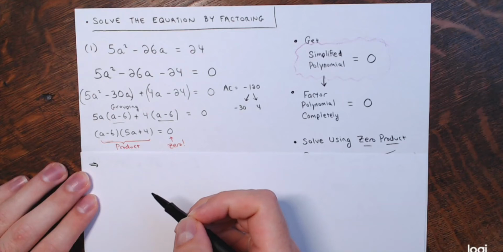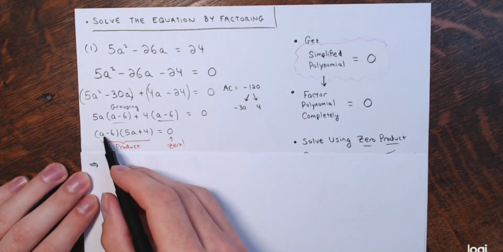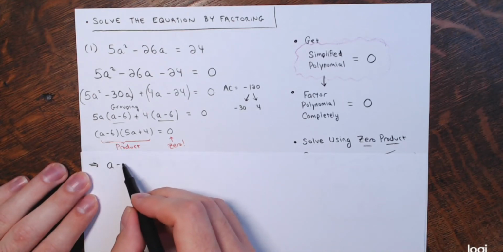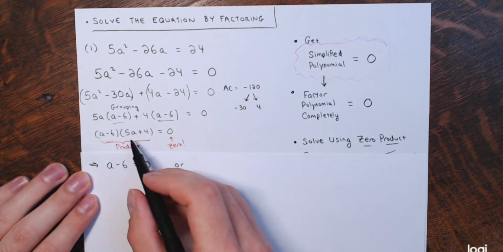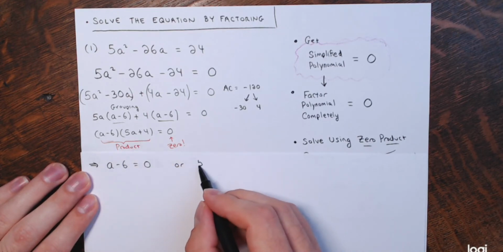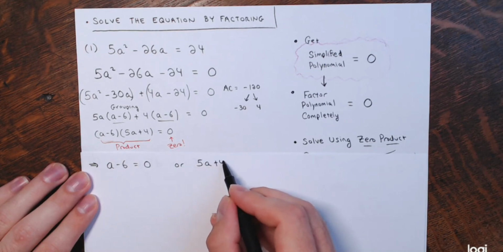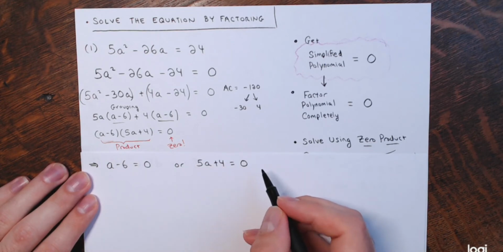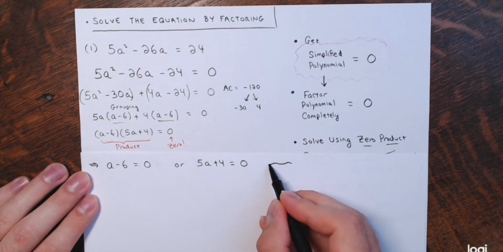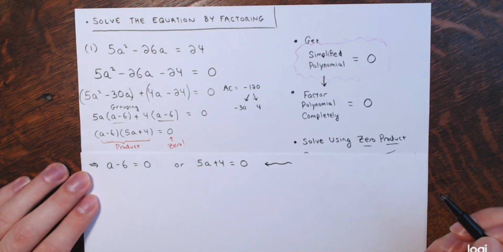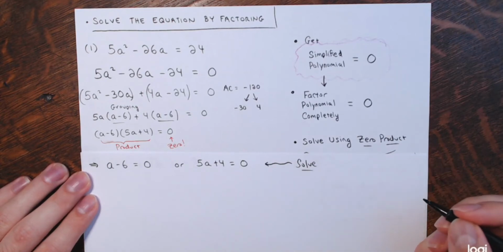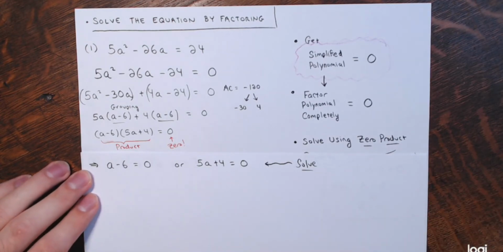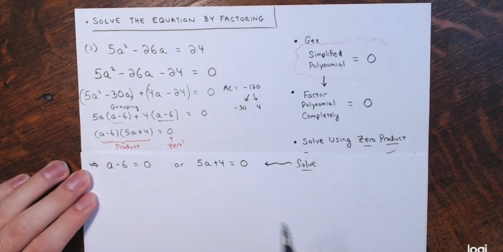Okay, so by the zero product property, either the first factor, a minus 6, is equal to 0, or the next factor, 5a plus 4, is equal to 0. And then once you've separated the factors like this into 2 separate equations, you're going to solve each of these separately for a, and then of course check your solutions in the end.